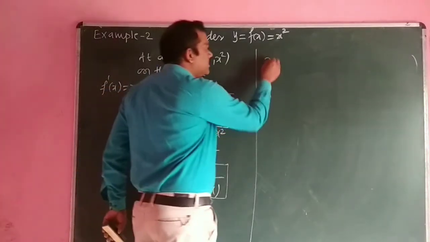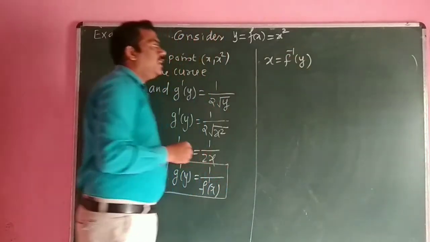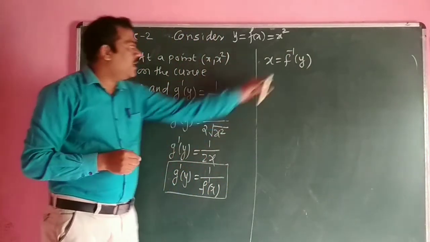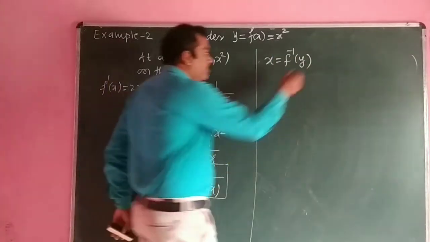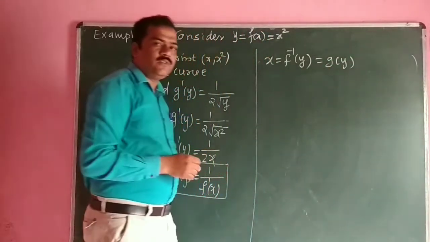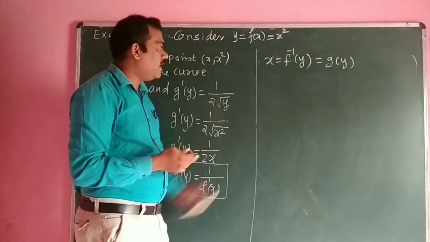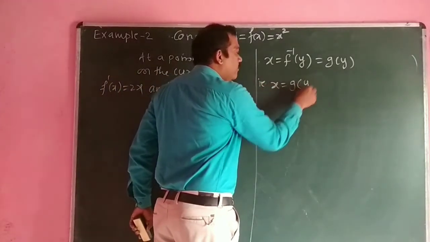We have already discussed that x is equal to f inverse of y. And this f inverse of y, we assume that it is g of y. That means x is equal to g of y.